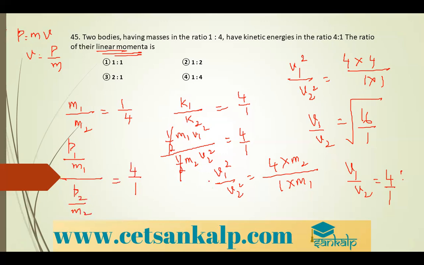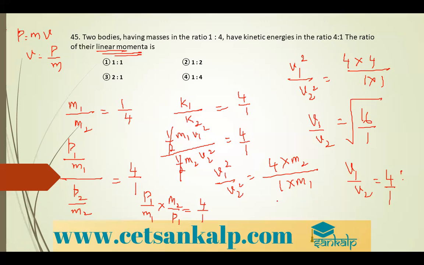So instead of v1 and v2, I write it this way. So p1 by m1 into m2 by p2 is equal to 4/1.